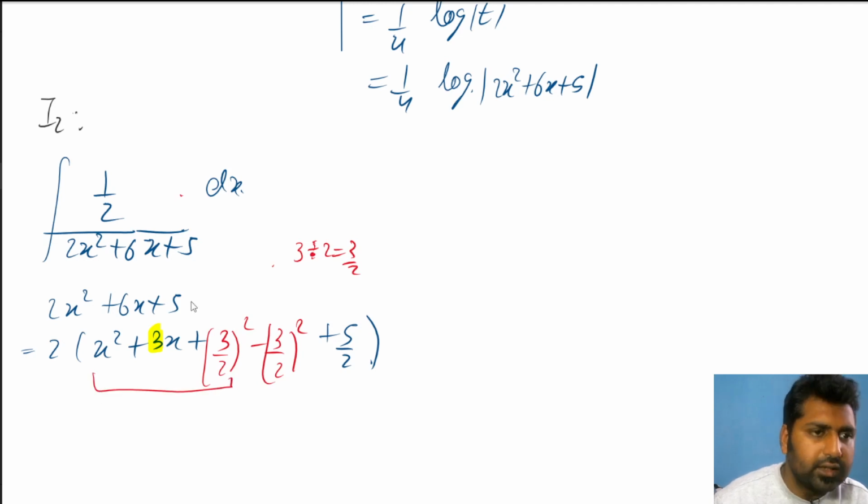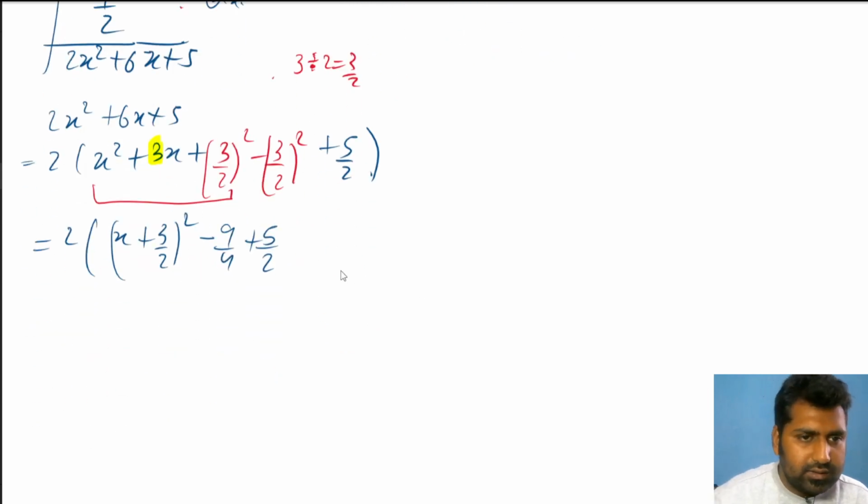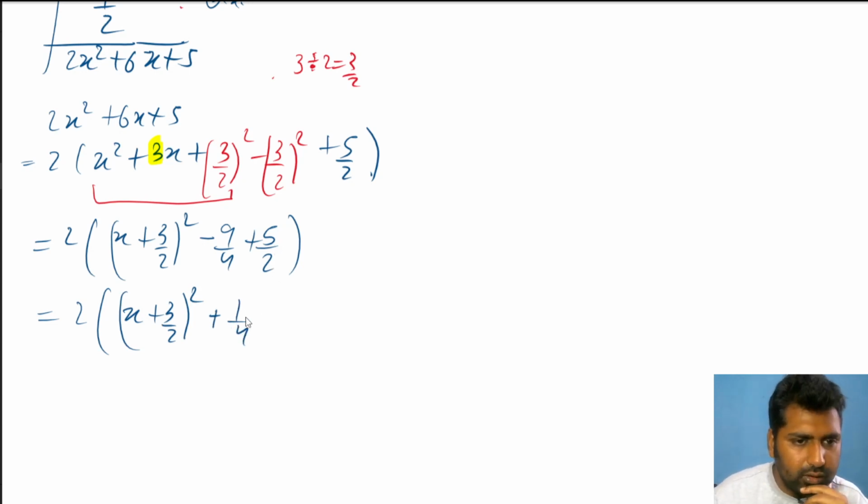And these first 3 terms become a plus b whole square. It can be a plus b or a minus b, depends on the question. So within the 2 bracket, this becomes x plus 3 by 2 whole square minus 9 by 4 plus 5 by 2. This time we'll have to be careful regarding the plus and minus because the formula changes. So x plus 3 by 2 whole square, this becomes 10 by 4 minus 9 by 4, so plus 1 by 4, or 1 by 4 can be rewritten as 1 by 2 whole square.